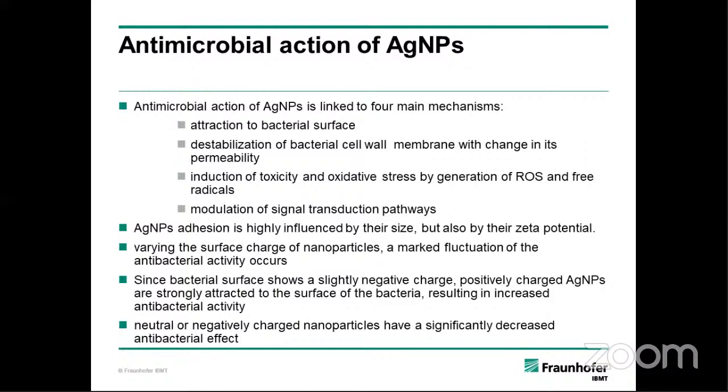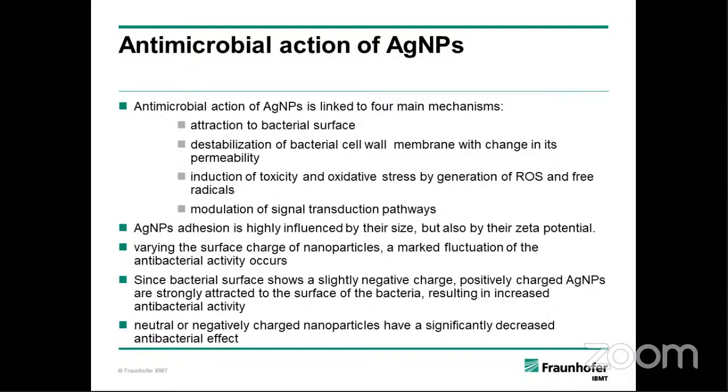So how do they actually work as antimicrobial silver nanoparticles? Normally the silver nanoparticles, having a strong positive surface charge, are attracted by the bacterial cell surface. When they are attracted, they attach to the bacterial cell membrane and destabilize it.